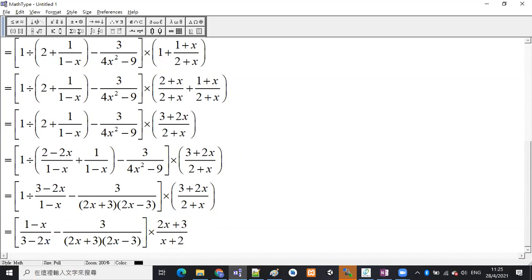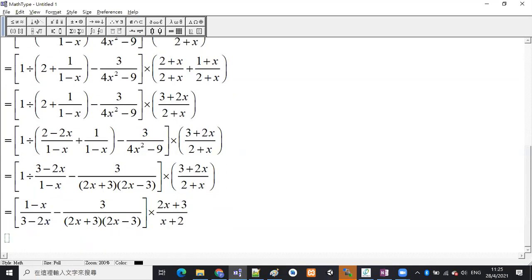Just swap terms. 好啦，呢度有一樣嘢，又係我好希望大家有呢一個警覺性，就係我成日講嘅 big brother is negative term. Then we need to take out the negative sign from the whole expression. So for 1 minus x, the big brother is negative x, so we need to take out the negative sign. And also for this 3 minus 2x, the big brother is the x term, and it is negative 2x. We also need to take out the negative sign here.